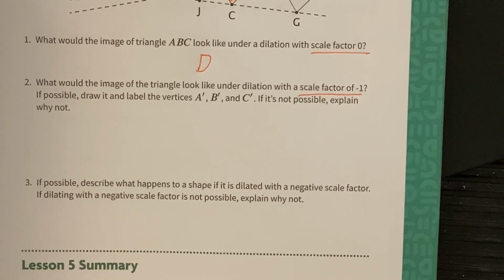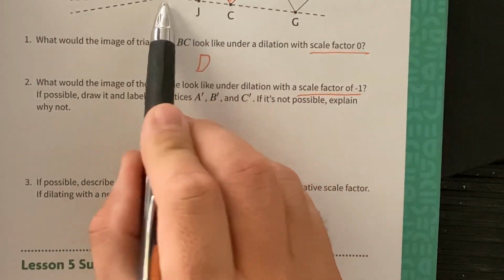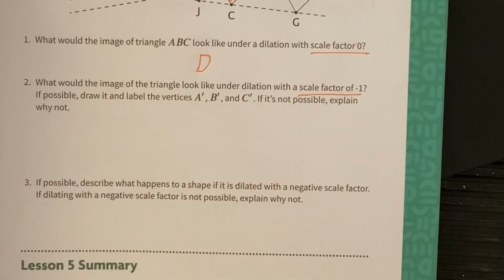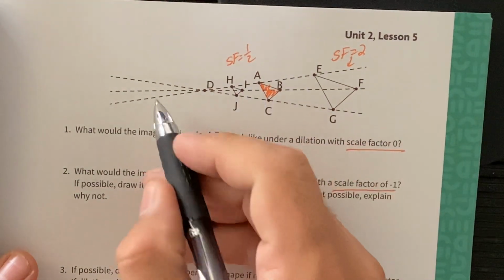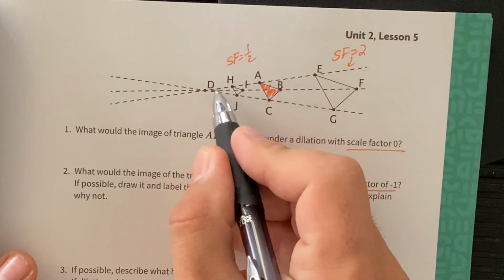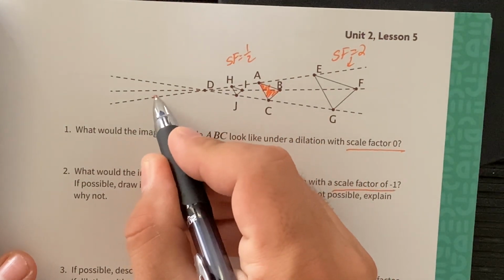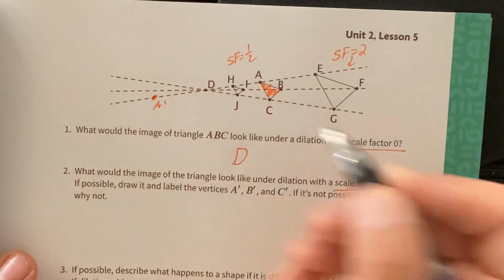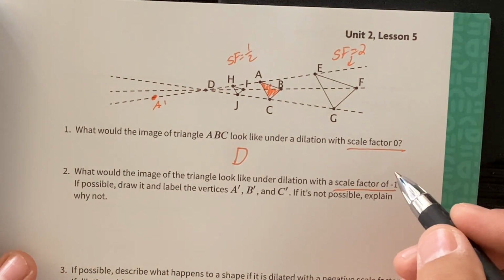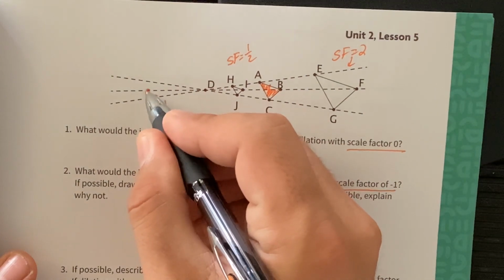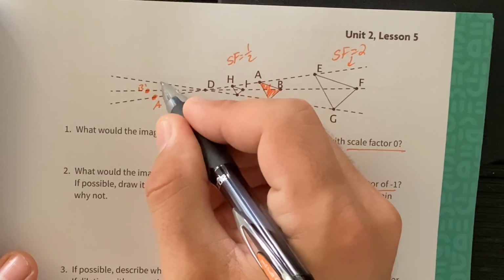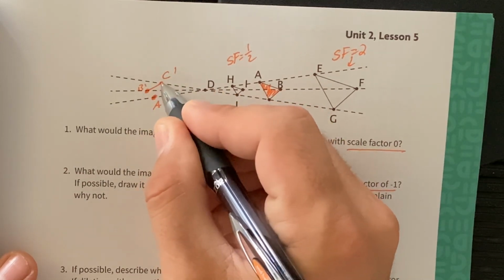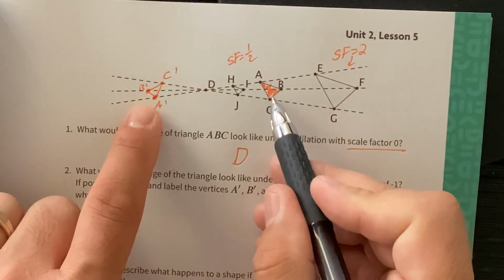To the left of D. Right? To the left of D. So scale factor of 1, 1/2, 0. It's going to just get further to the left. It is going to be the same size. The only difference is, remember, A has got to stay on this line, so A is actually going to be on the bottom now. A prime, B prime, C prime. And it would be the exact same distance away.